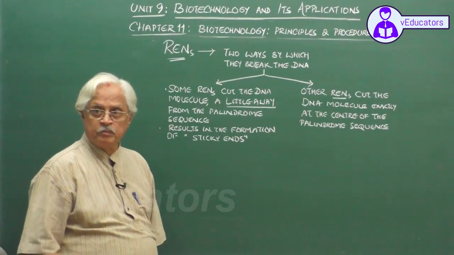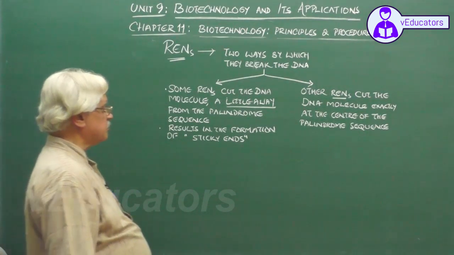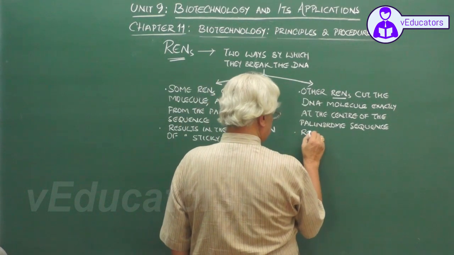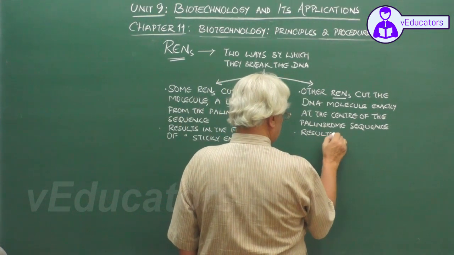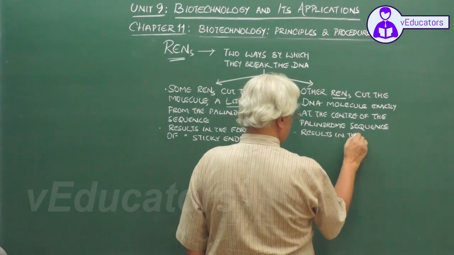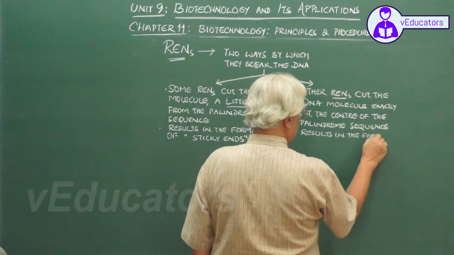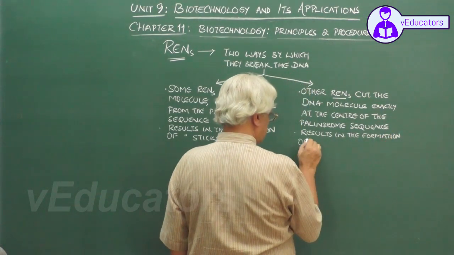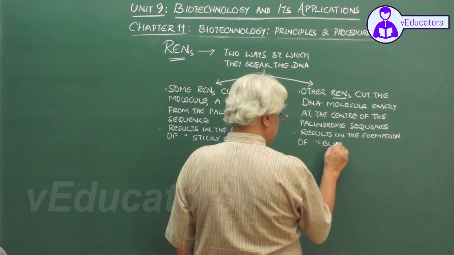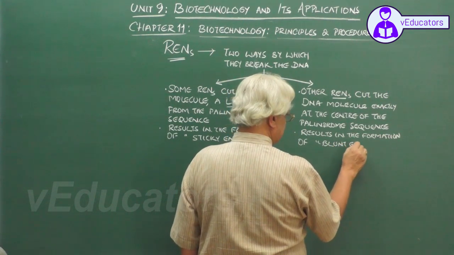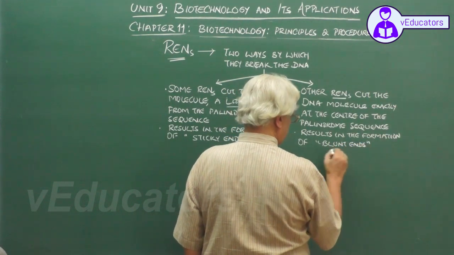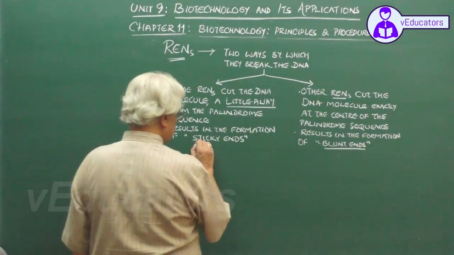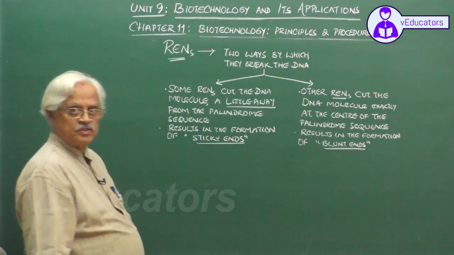Exactly at the center of the palindrome sequence. This results in the formation of what are known as blunt ends. So, sticky ends and blunt ends.